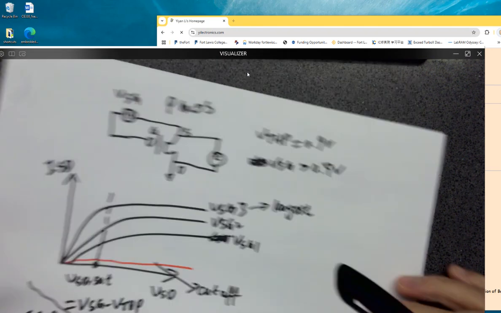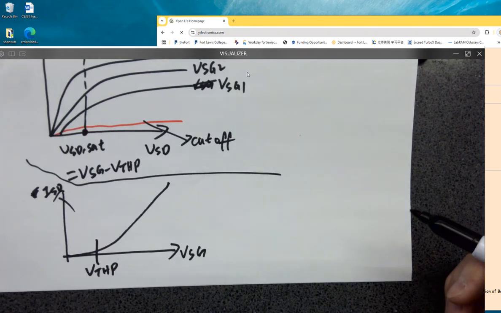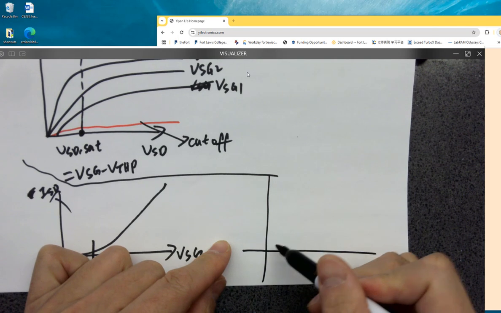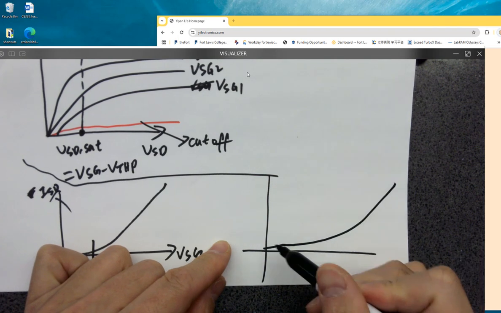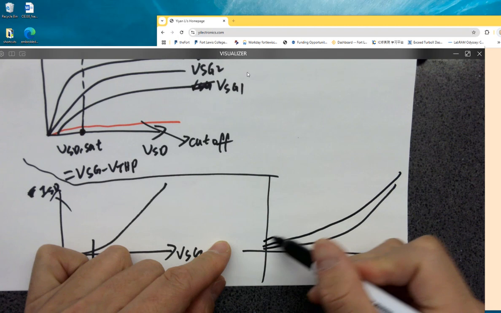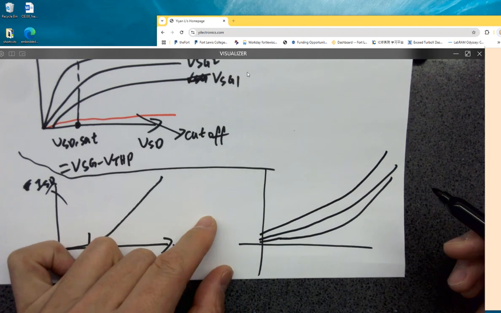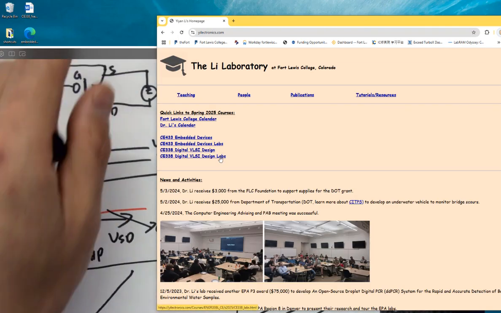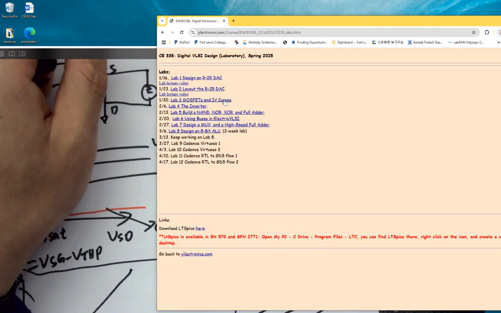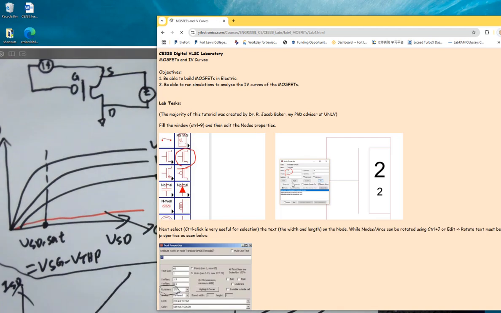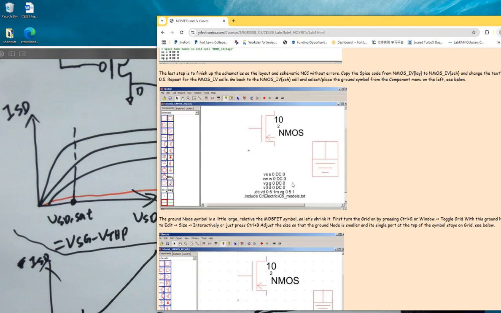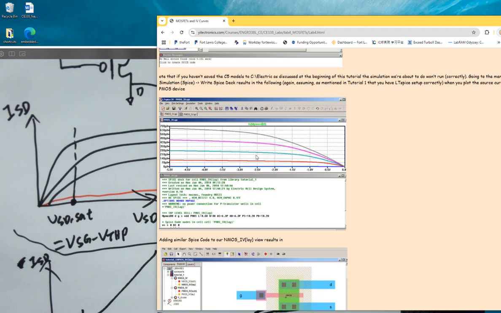So for example, it looks like, I couldn't remember. Oh, like this. We drew things like this. MOSFETs and IV curves. Just take a look at the curve to see if that makes sense, like things like this.